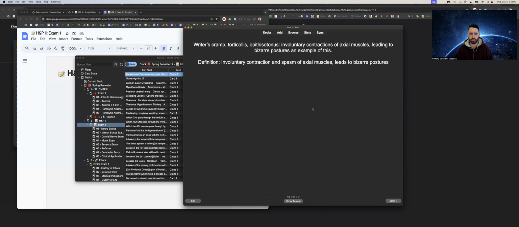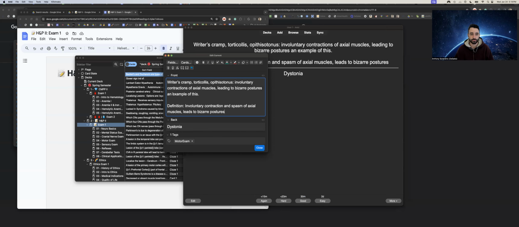Writer's cramp, torticollis, opisthotonus, involuntary contractions of axial muscles leading to bizarre postures are an example of this. This is dystonia. Okay. Torticollis is that SCM issue, right?